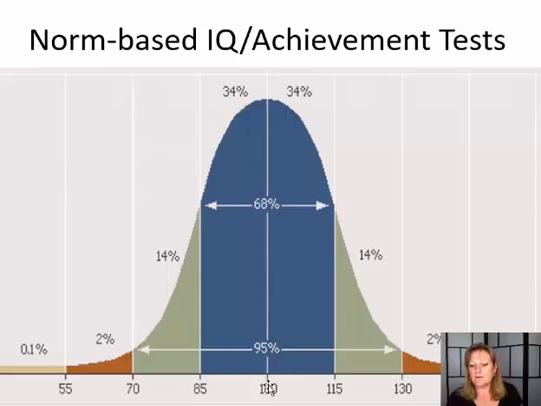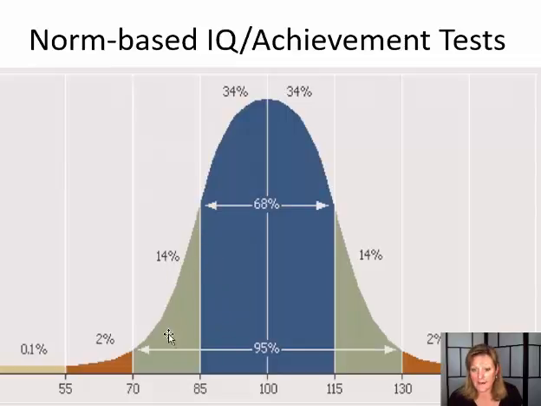So say your IQ is 100, we'd expect your achievement test in, say, reading to come out anywhere within a 15-point difference, somewhere between 115 and 85.